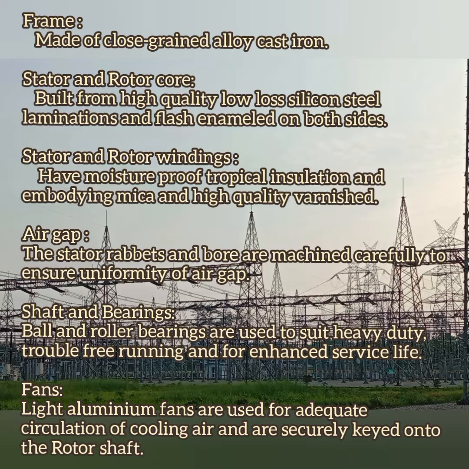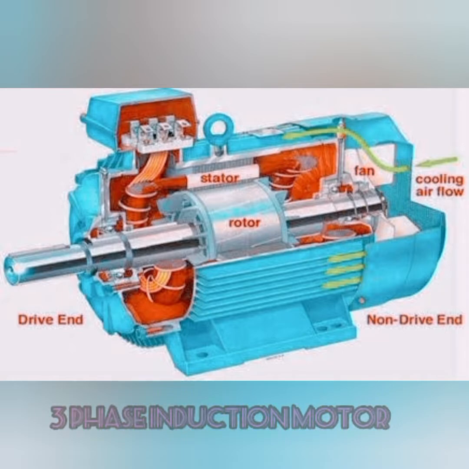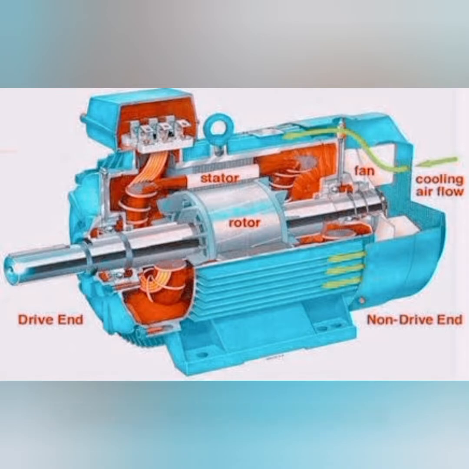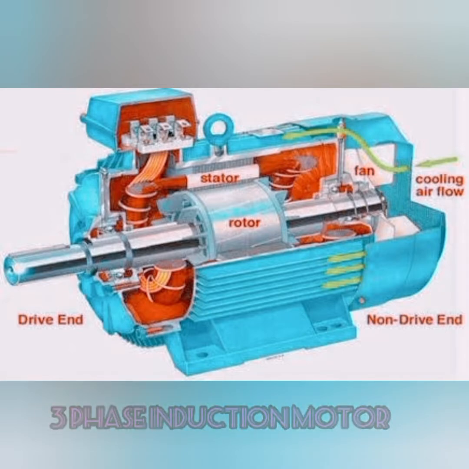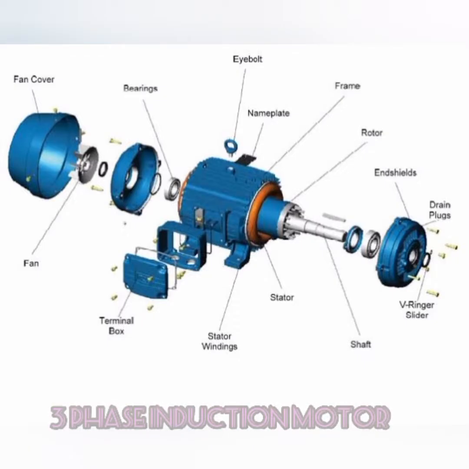Next we will see one small example. This is how a three-phase induction motor looks. The outer covering is the frame area and inside, alignments will be provided. This is how the three-phase induction motor looks part by part. There are the outer covering and the fan covers, and fan blades are provided at the rotor end in order to reduce heat.